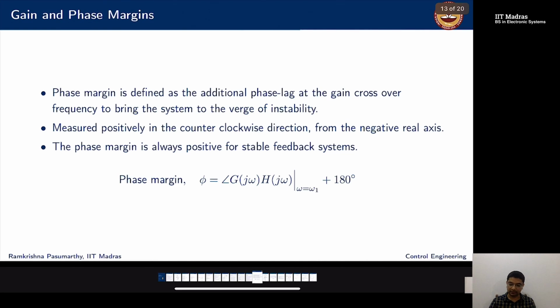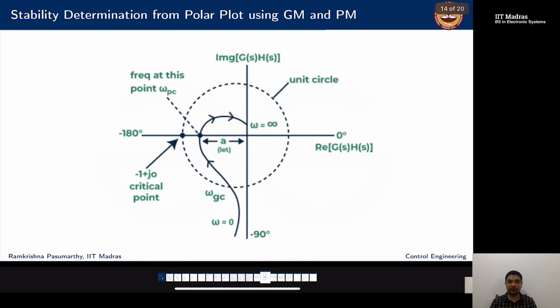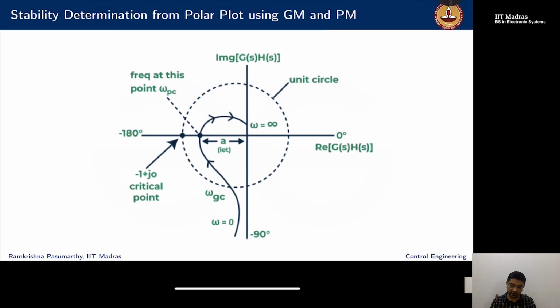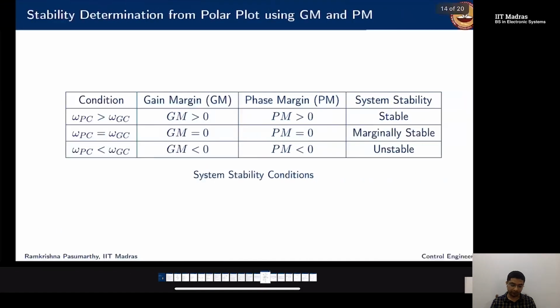This is the general formula for that, but pictorially that's what is happening. So I'm interested now in three quantities. I call this the gain crossover frequency. I call this the phase crossover frequency. I measure how far I am from the point minus 1 plus j 0 via the magnitude and also via the phase. So this is a summary of what we have done.